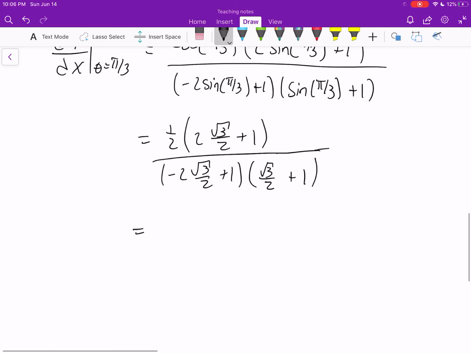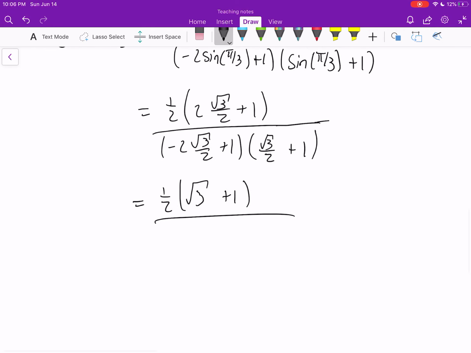So the top then is going to be 1/2 times (square root of 3 plus 1). On bottom, I'm going to have to end up foiling that out anyway, so that is really annoying.